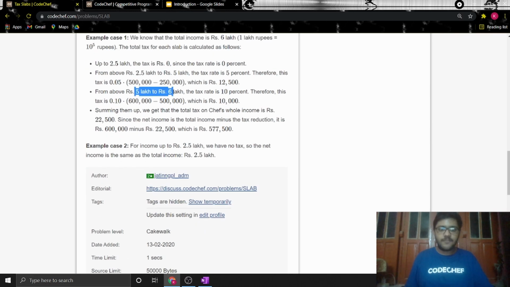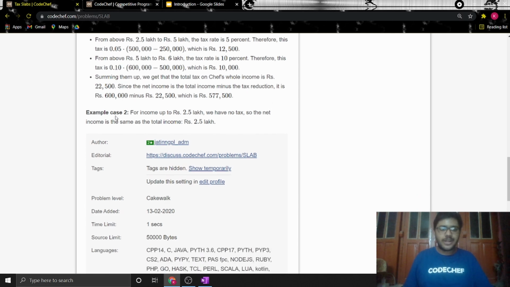Now, for above 5 lakh up to 7.5 lakh, the tax rate is 10%, but the chef does not earn up to 7.5 lakh. He only earns up to 6 lakh, so it would be (6 minus 5) into 0.1. Summing these up gives the total tax, and if we deduct the total tax from the income, it results in the net income.